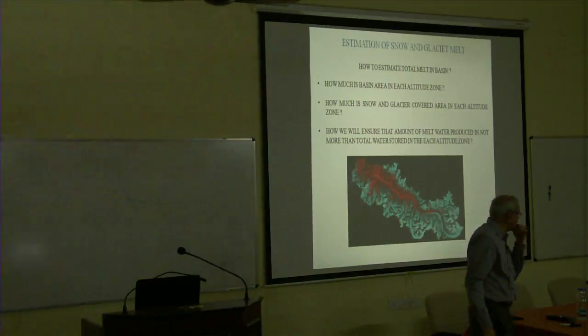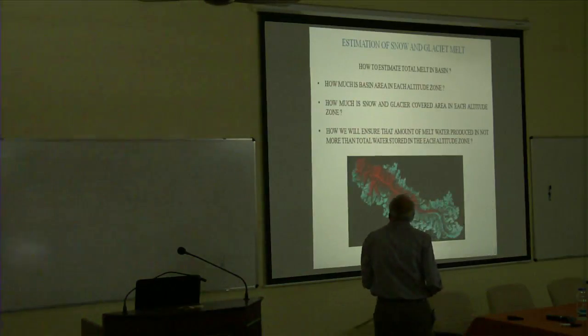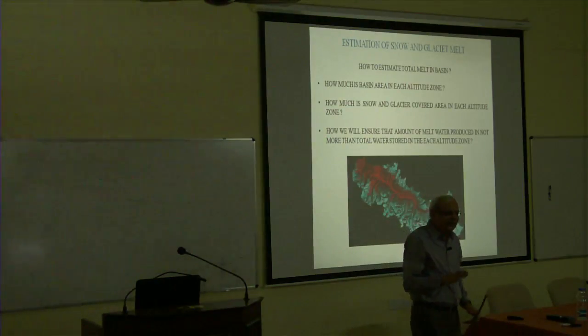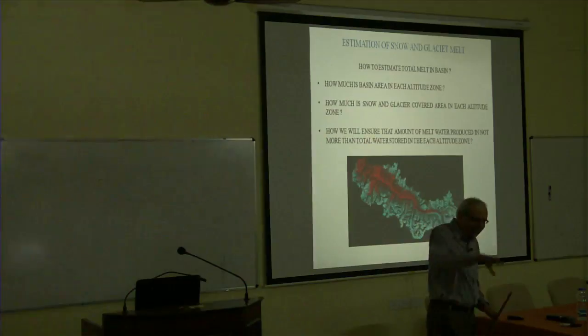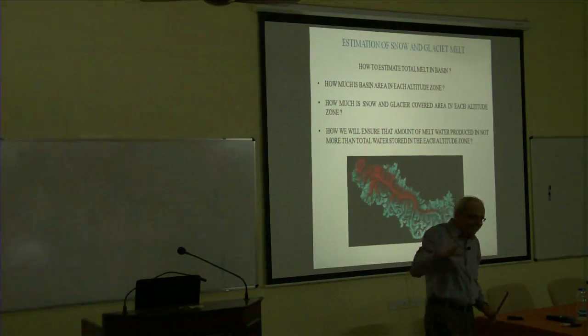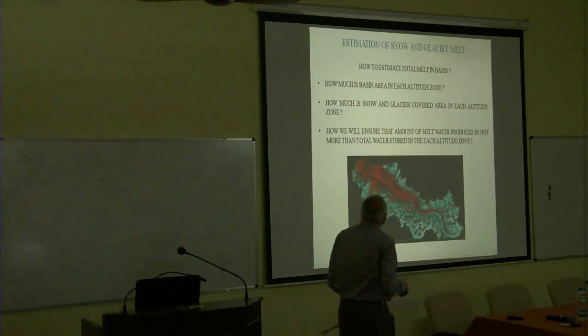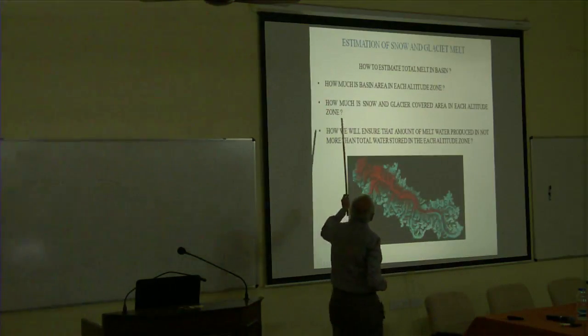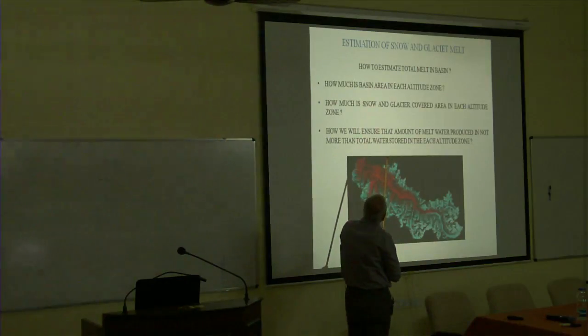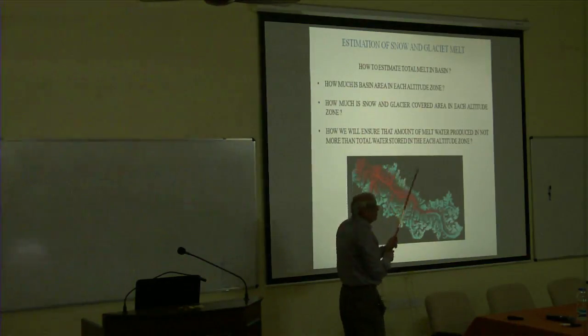In order to spread it over the basin, because it is not melting in one place, we want runoff for the entire basin, and a basin is a spatial entity. So what we need to know is how to estimate model melt for a basin.